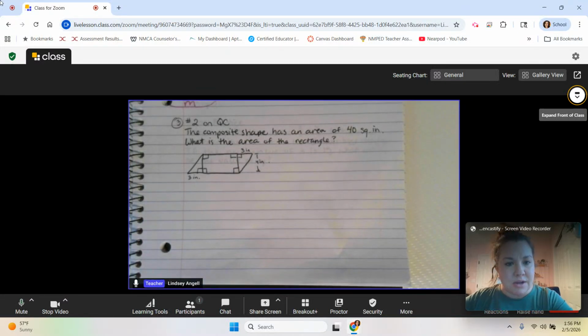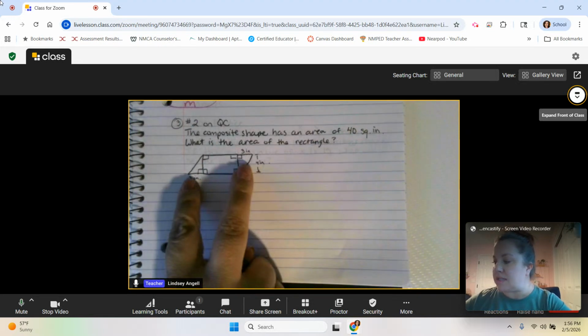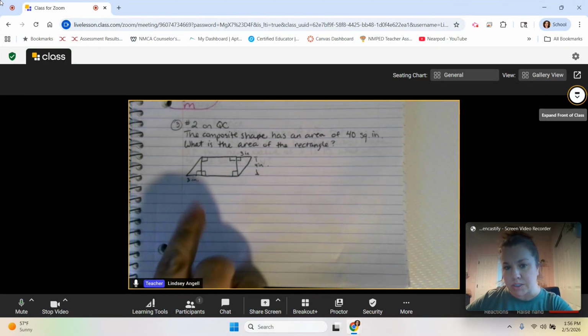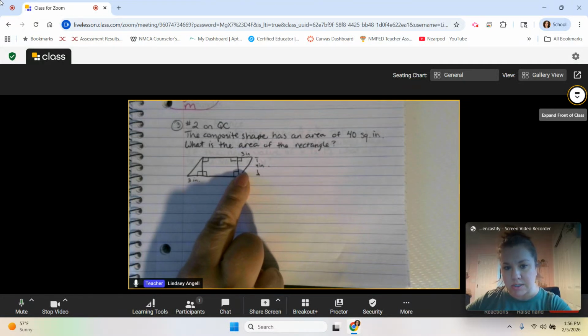All right, this final one, number 2 from your quick check. The composite shape has an area of 40 square inches. What is the area of the rectangle? Okay, so we know the whole thing, 40 square inches. We also know that we've got these two triangles here, and they're actually identical, right? One is just flipped over and attached on the other side.